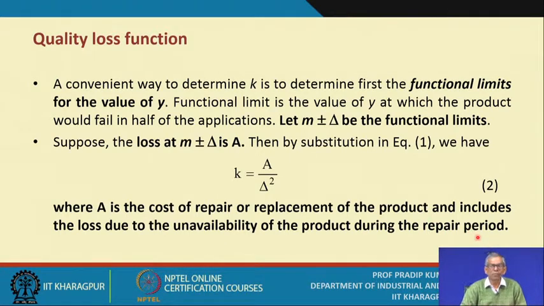So there are certain points to remember while computing this quality loss for a particular process: you must know the repair cost, the replacement cost, and similarly the cost due to unavailability. You must have the corresponding data, or at least good estimates of all these cost elements.